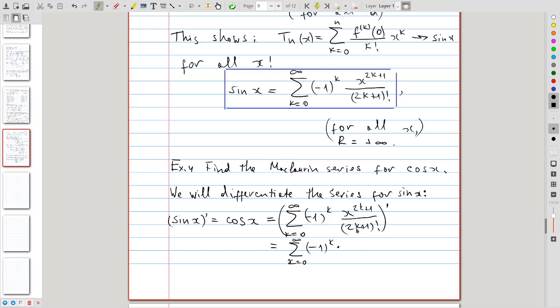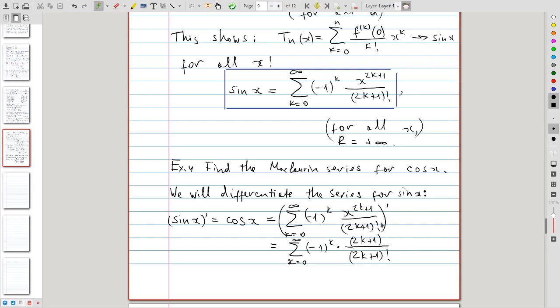Well, we're differentiating with respect to x, so 2k plus 1 factorial is a constant. As a constant factor, it will remain unchanged. And for the x to the 2k plus 1, we differentiate it as a power function.